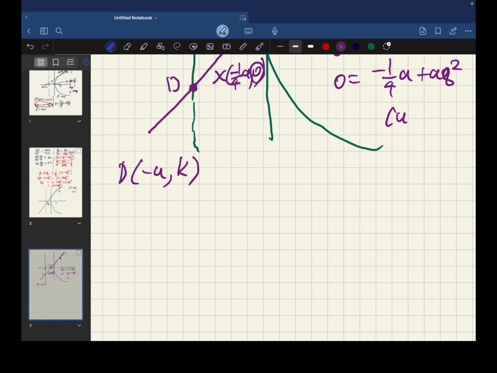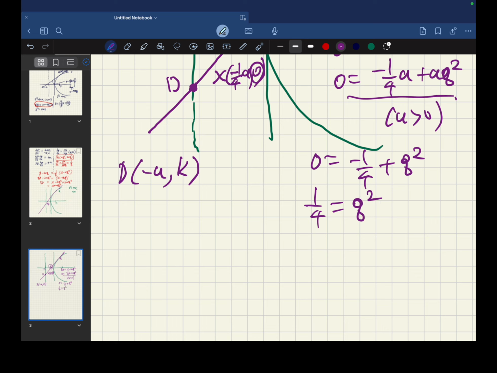Since a is not 0, we can divide both sides by a. So 0 is minus 1 over 4 plus q squared, and 1 over 4 is q squared. And again, q is a positive value, so q must be 1 over 2.